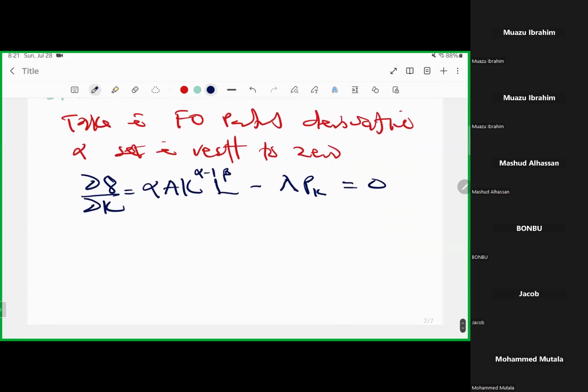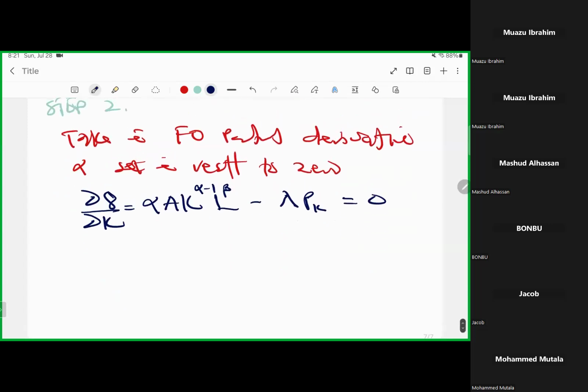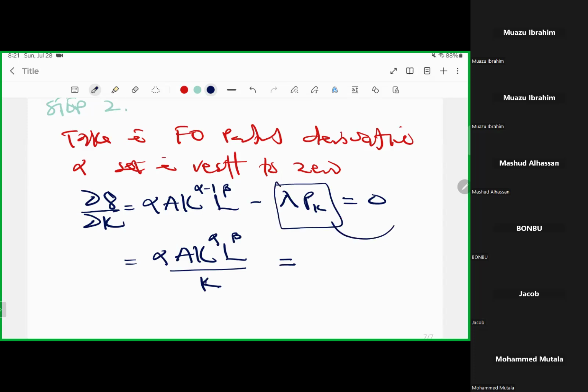In fact, before we even do the second one, which is the labor, we can still break this down as alpha A K^alpha L^beta, this one. Remember, here is minus 1, so we can divide here by K. If you are setting this to 0, it means this one is the same thing, and we can let it cross.